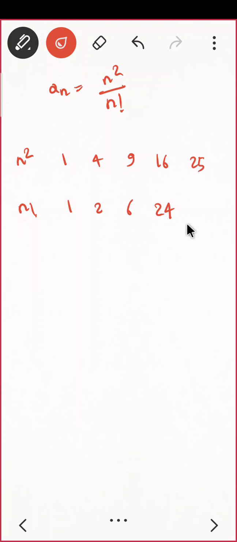And what about next? 25, and here 5 factorial is 120. Now 5 factorial is 120. So whenever I am taking limit, that means what? I don't want to see the starting term. I want to see as large as I can see, as n going to infinity. What is your observation? Who is going to infinity faster?